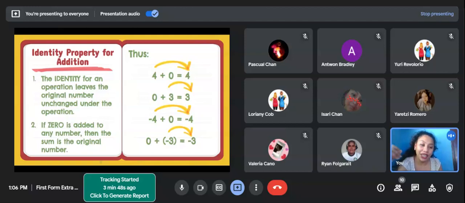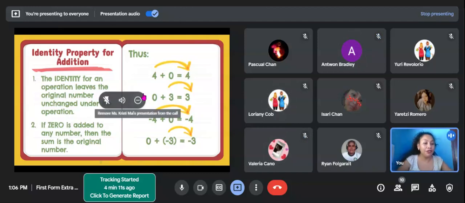And 0 plus negative 3 gives me negative 3. So when you hear me say, what is the identity property for addition? It is when I take a number, I add 0, and it gives me back that same number. Everybody understood that one? Yes. Okay, good.